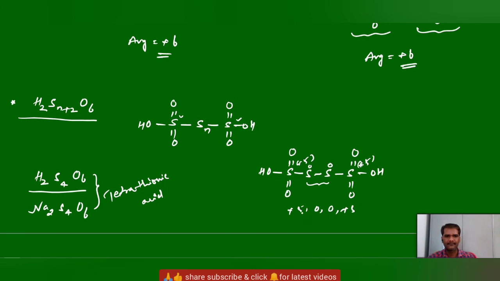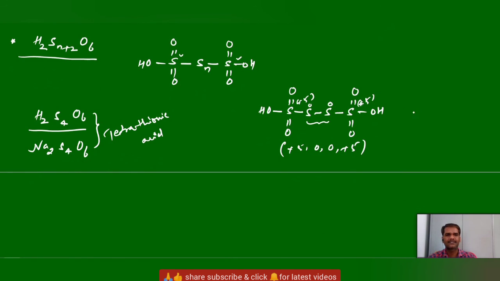This is very important. Then the average oxidation state we will get: plus 5 plus 5 is overall 10, 10 by 4 means 2.5. 2.5 is the average oxidation state for tetrathionic acid. Again, you have this structure.